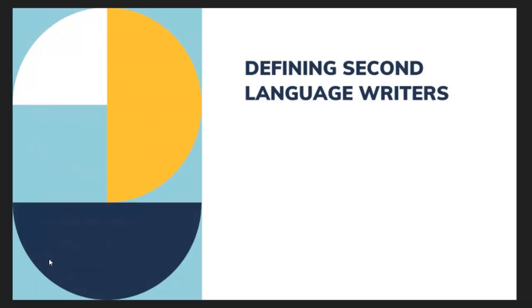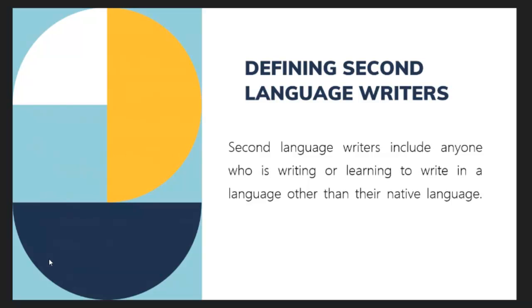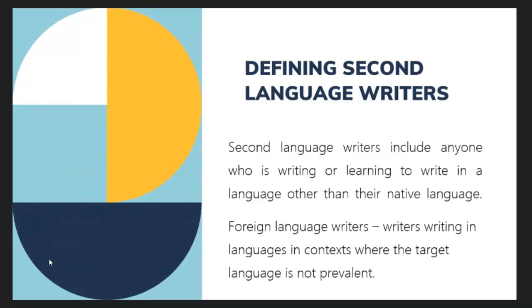In this part, we will take a look at the definition of second language writers and foreign language writers. The first one is a broader term. It refers to anyone who writes in a language other than their native language.